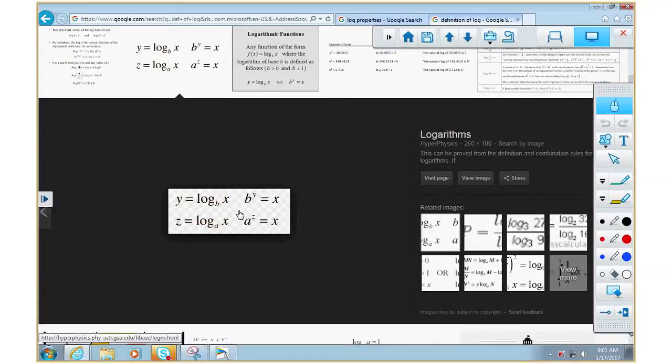I'll just pull that up. Y'all got those written down? There's the definition of a logarithm. I use the first one, y is equal to log base a of x, a to the y is equal to x. That's what I use. So you do whatever you want to. But you don't have to write both of them. Just write the first one. I hope I did it right. I think I did.